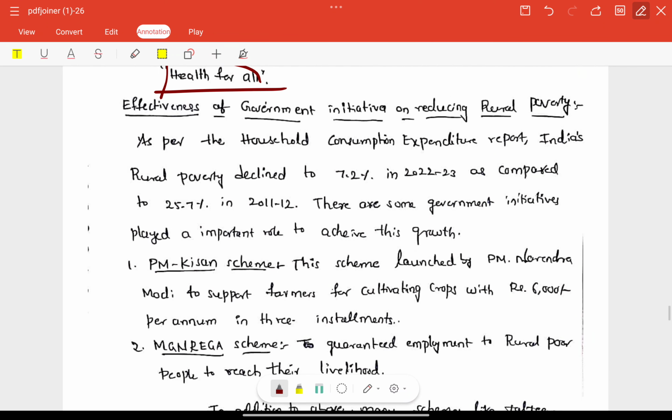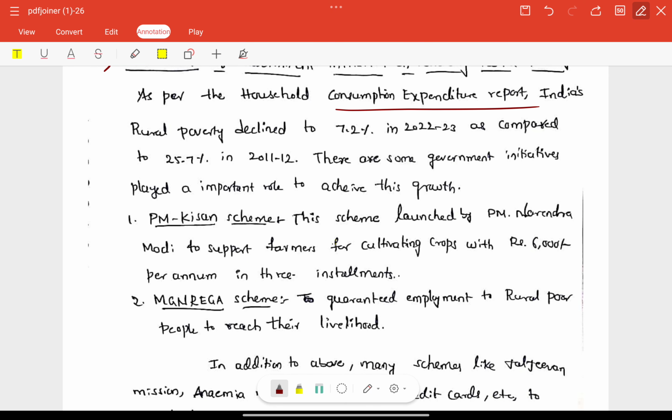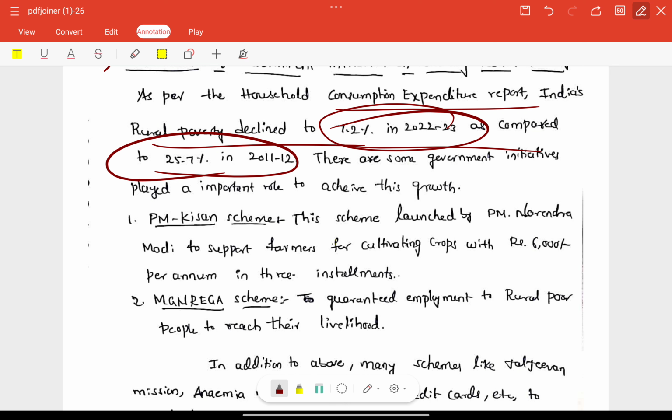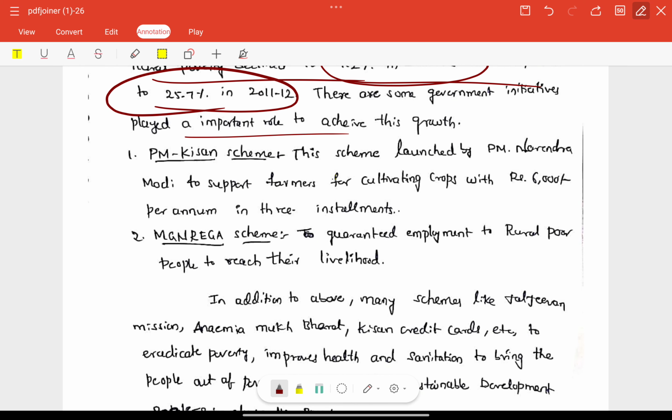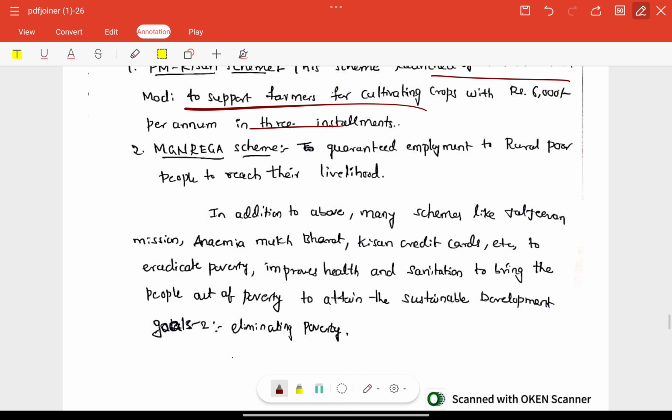Next, third part: effectiveness of the government initiatives on reducing rural poverty. As per the household consumption expenditure report, India's rural poverty declined to 7.2% compared to 25.7%. Very good. And also the schemes included PM Kisan and MGNREGA, which guarantee employment to rural poor people to reach their livelihood.